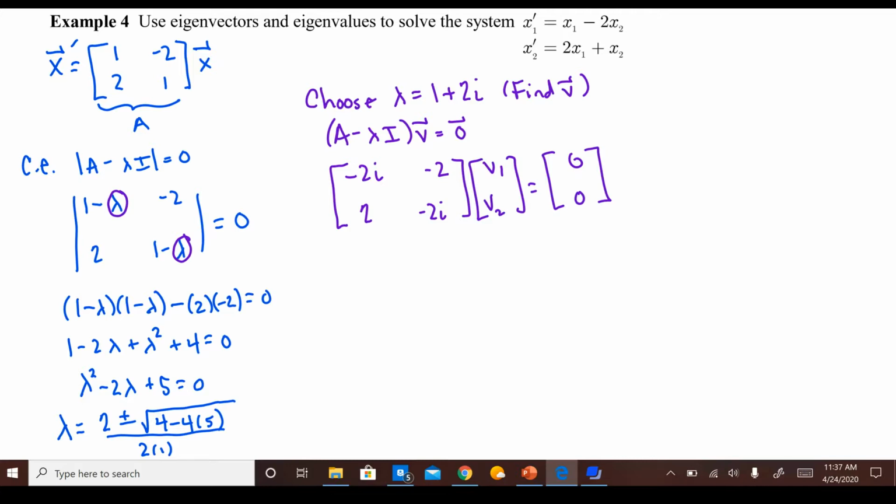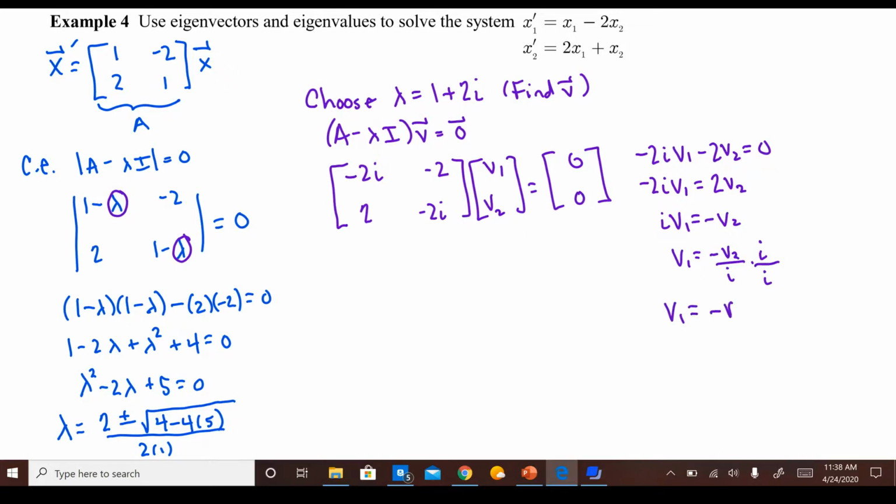They're going to give us the same result, so it's only necessary to consider one equation. Row 1 times column 1 ends up looking something like this. And I can get one of these values in terms of the other. So solving here for v1, I'm going to divide both sides by negative 2, and then I'm going to divide by i. So we have negative v sub 2 over i. Notice if we rationalize the denominator, we end up with negative v2 times i over negative 1, or let's simplify to v2 times i.